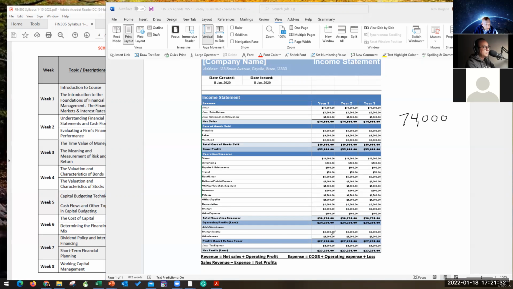Operating profit looks like 3,000. Here's your operating profit. So that's 3,000. So that's 77,000 for revenue.